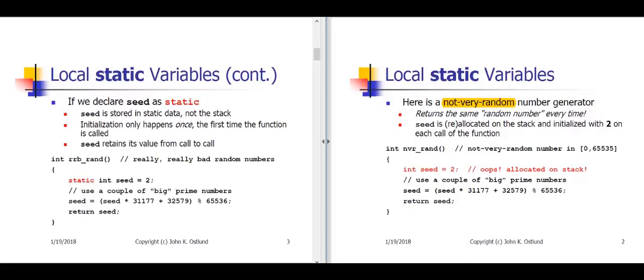So our solution to this problem is shown on slide 3. We prefixed static in front of the declaration of seed. Now seed is allocated in the static data area, and it exists whether we're currently executing this random number function or not.